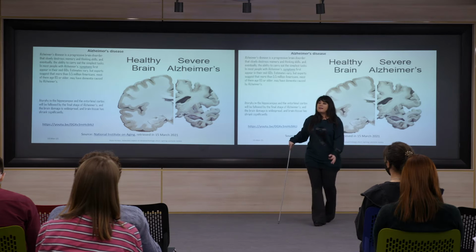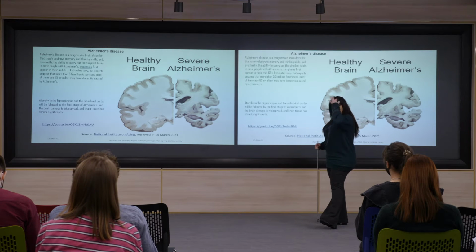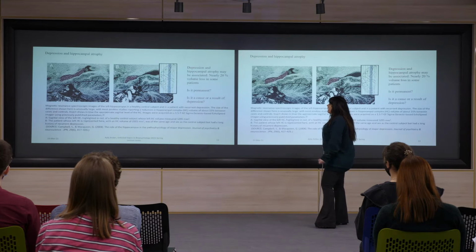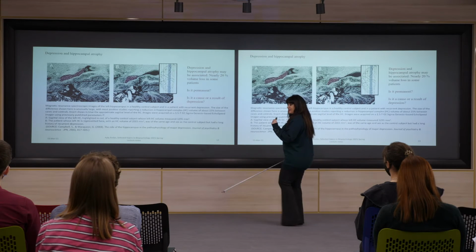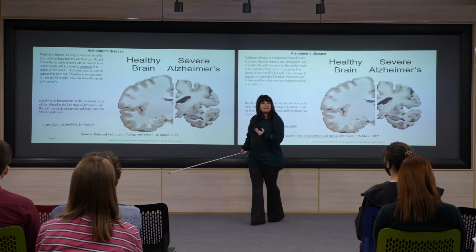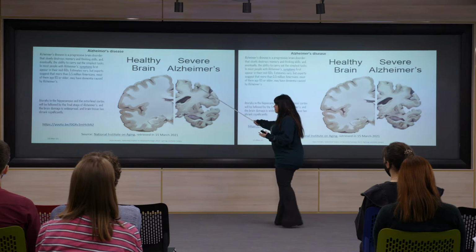But basically, Alzheimer's disease is all about this degeneration of the brain altogether, which causes certain neurological dysfunctions. In Alzheimer's, the loss of brain volume and the degeneration of tissues is generally observed globally in the brain.